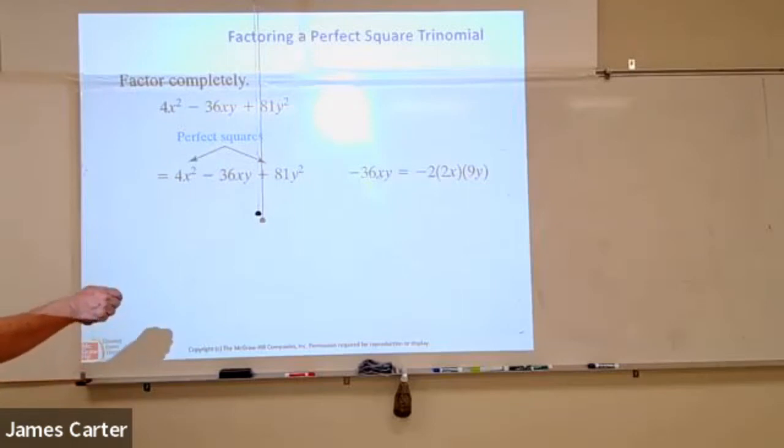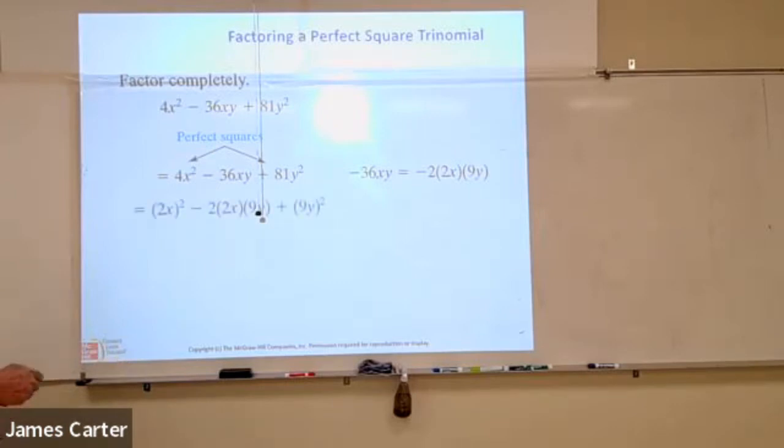And then here, it would be 9y. So the first term squared, 2 times the first term times the last term, plus the last term squared, does in fact match that. So here's our answer. First term minus last term, quantity squared.